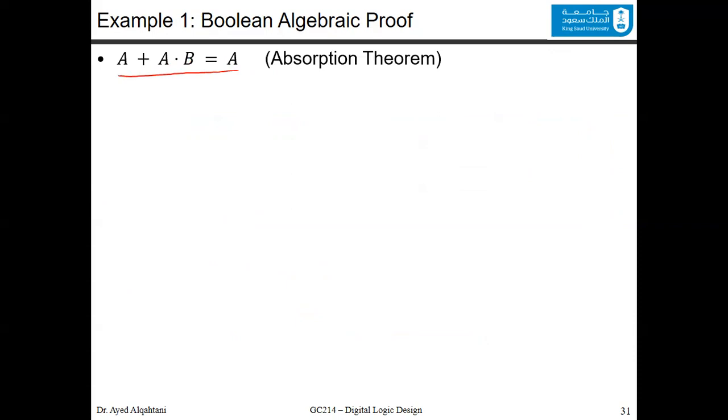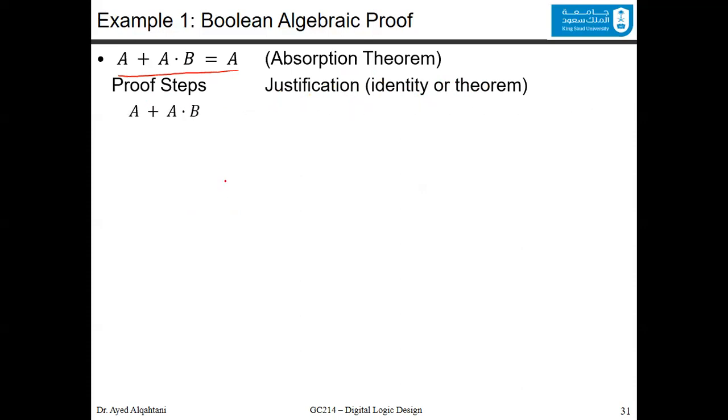We will use Boolean algebra to prove this identity. To do this, we will start writing the steps, and here we will try to write also the justification, or what kind of theorem was applied on that step. So let's start by having A or A ANDed with B, which is this part.